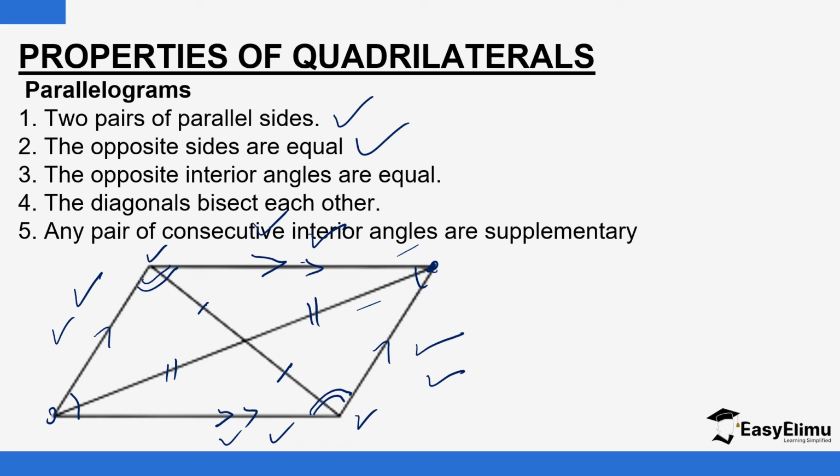If this is A, B, C, then D, the diagonal AC bisects the diagonal BD. It divides BD into two equal parts. That's why we have used those marks to show that. The same applies to BD bisecting AC into two equal parts, as you can see.